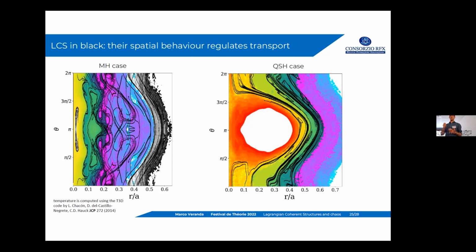The next step that we want to do is to try to use this technique to follow the dynamics of particles and see whether thermal particles or suprathermal particles have their own set of Lagrangian coherent structures, and how different they are from the ones that you can predict by simply looking at magnetic field lines.